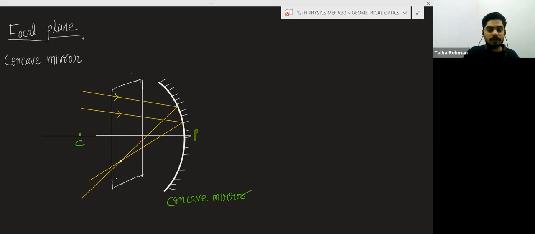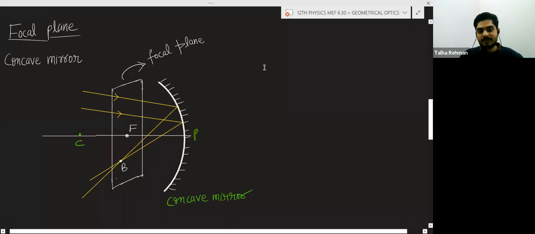Suppose this is point B. At point B, these parallel rays are meeting. So this point B is lying on the focal plane. So basically, this is the focal plane. So focus will also lie on the focal plane. So somewhere here will be the focus.